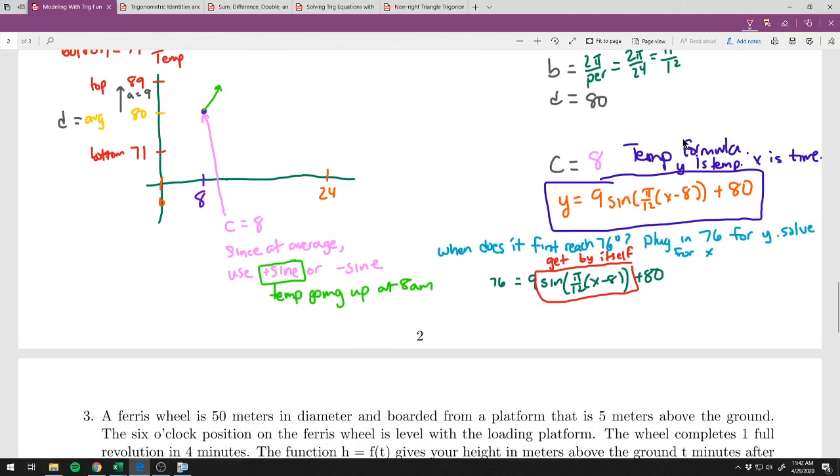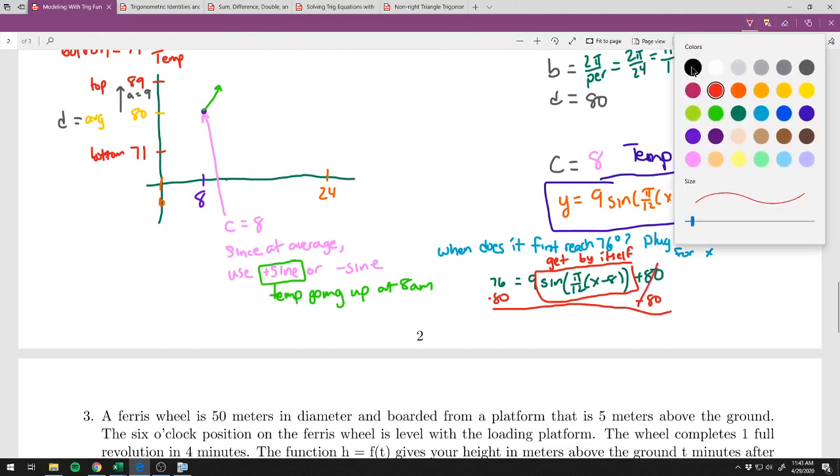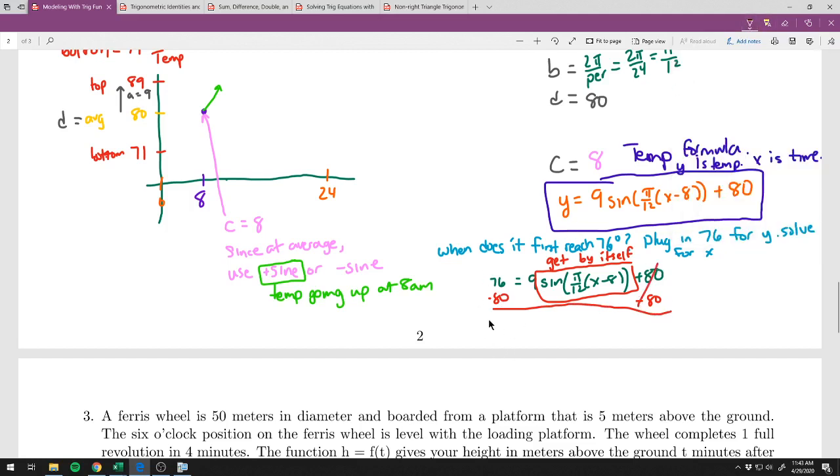Right, so what we do is we subtract the 80 from each side. 76 minus 80 is -4. Yeah, -4 equals 9 times sine of pi over 12 times x minus 8. And then we would divide each side by 9 to get the sine part by itself.